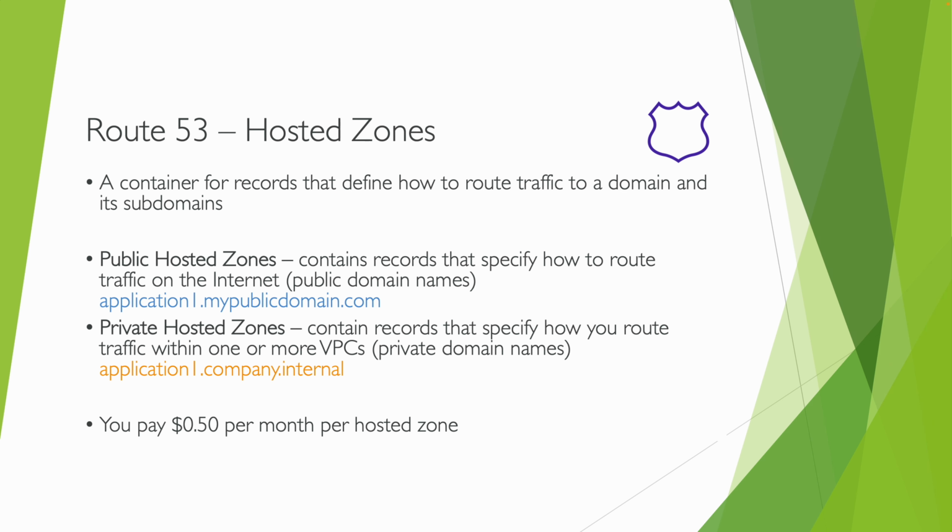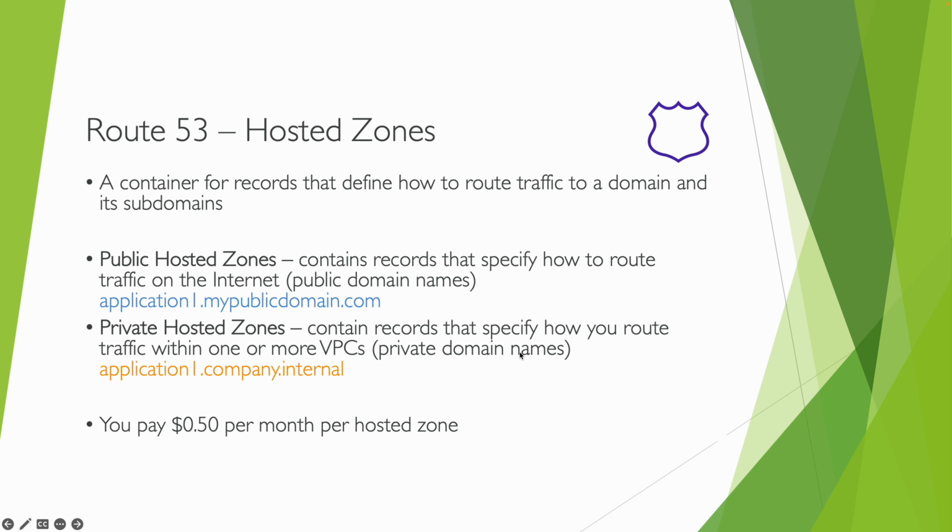As the name itself says, public and private, the public hosted zone contains the records that specify how to route traffic on the internet. So public hosted zones are internet facing, so that means they check for the domain names all over the internet. And private hosted zones contain records that specify how to route traffic within one or more VPCs, that are virtual private clouds.